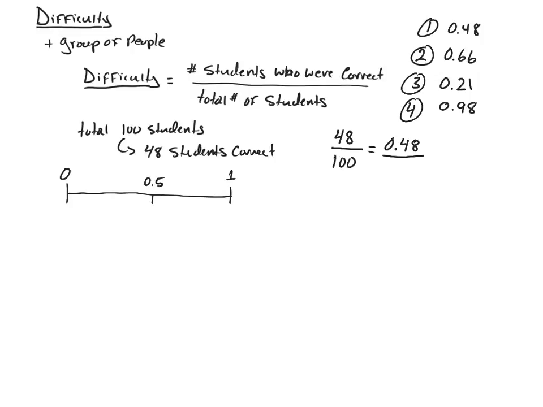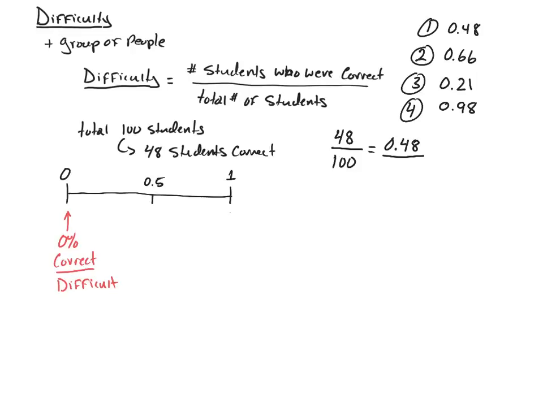If I get 0 for my item difficulty, that means 0% of the students who encountered that item were correct. So basically everybody got that question wrong. That represents a very difficult question.